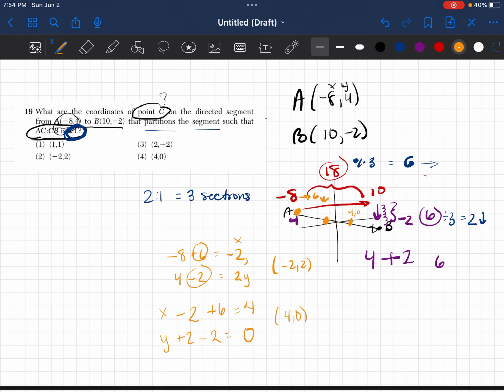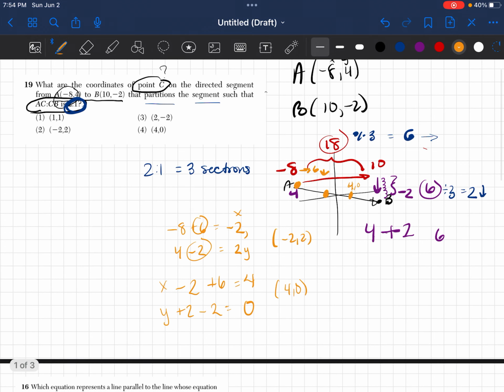Now my graph is not great, but that's about where it would be. And I can just double check. Right now I could be done because I have 1, 2, 3 pieces to my line, which it tells me here 2 plus 1 is 3. So I have 3 pieces already, but just to be sure that I did all my math right, I'm going to find where that last and final spot was.